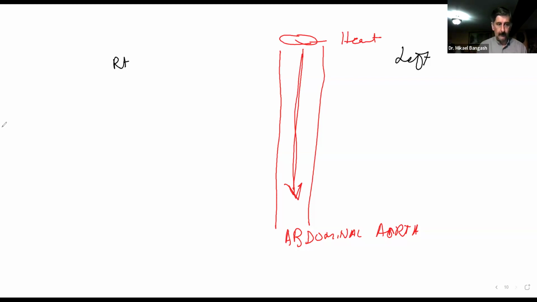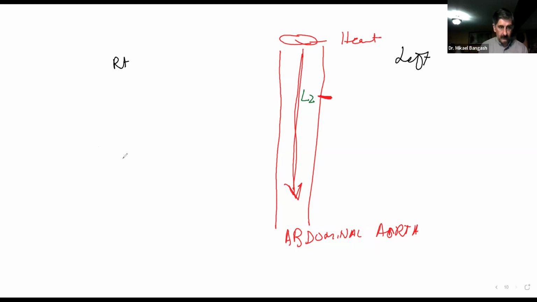At the vertebral level L2, that's where we will have the renal arteries.